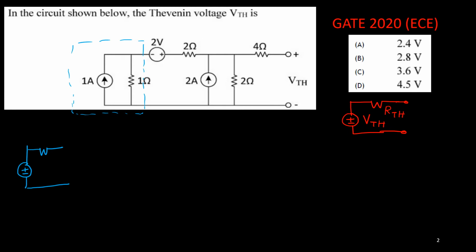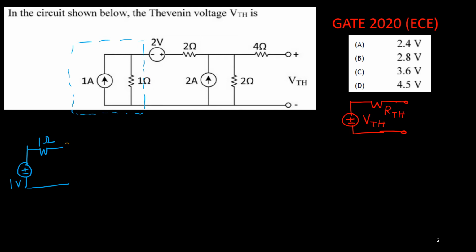So this voltage will be this current amplitude multiplied by resistance. So 1 into 1 is 1 volt, and this resistance 1 ohm will come here, right? The rest part will add.